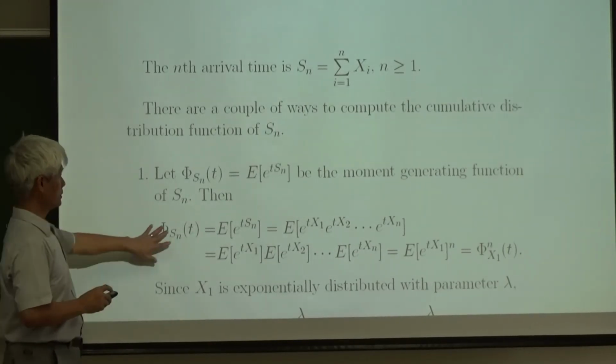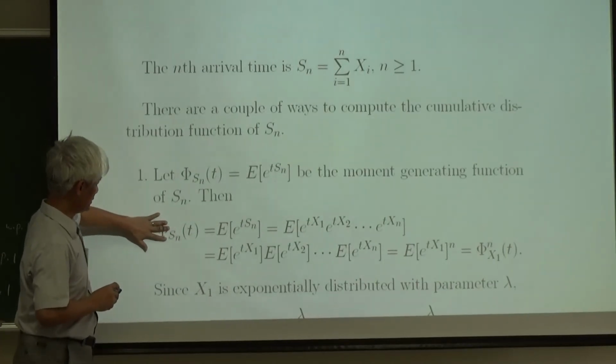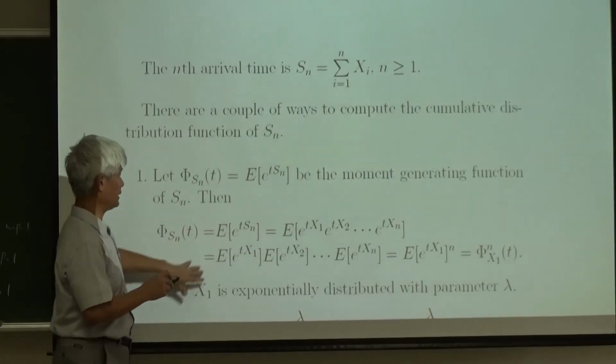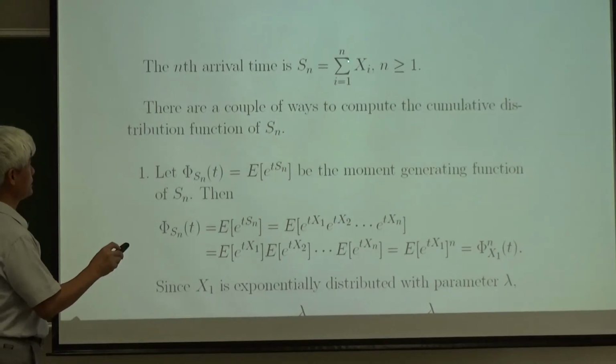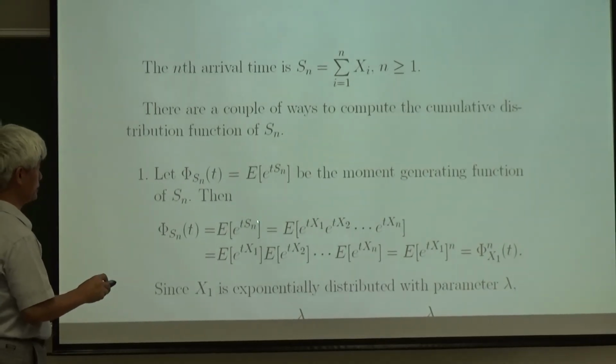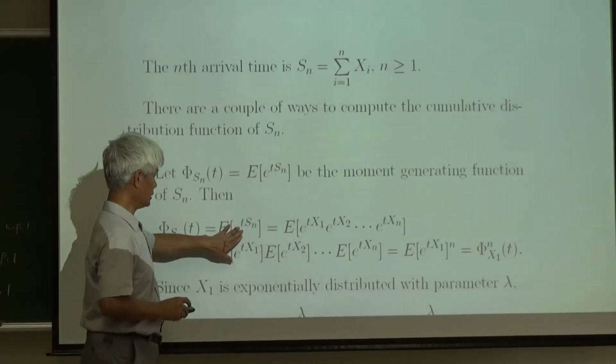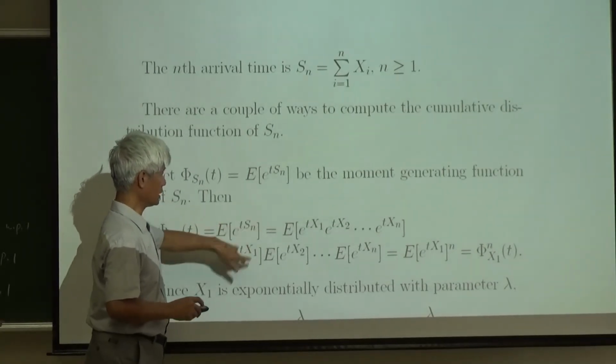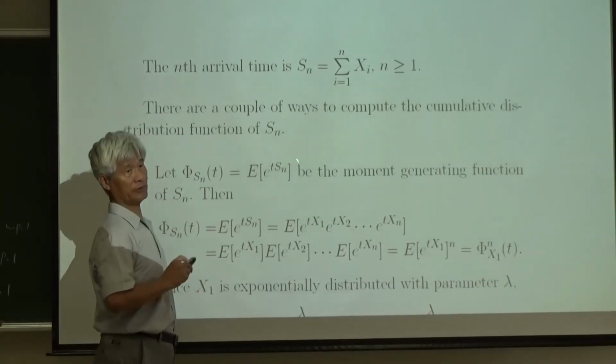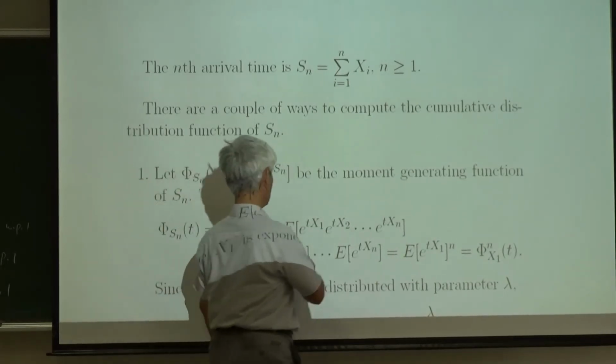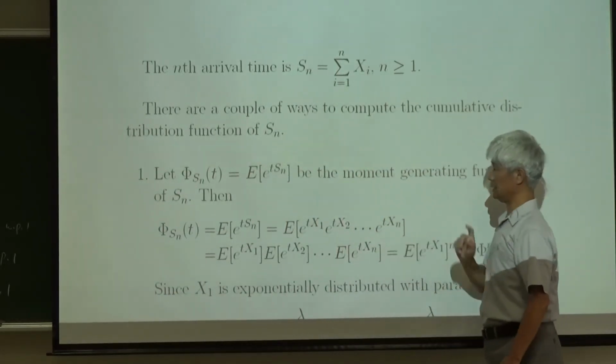Because Xn is the sum of the xi, the exponential function of a sum becomes the product of exponential functions. So this is e^(t x1), e^(t x2), and so on.